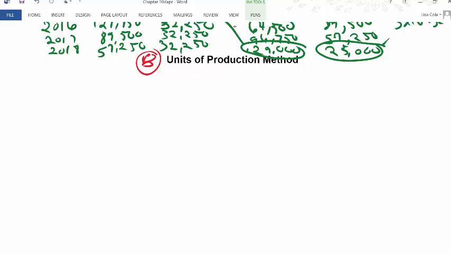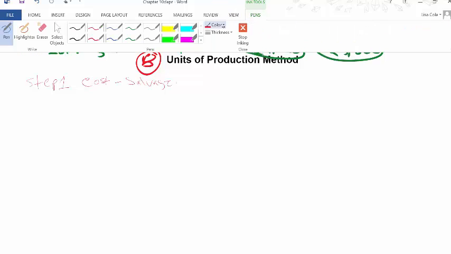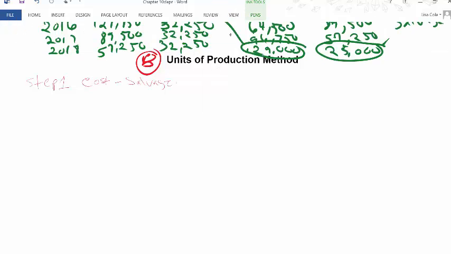We start out, there's 2 steps we want to look at. You're going to still take your cost minus your salvage value. So that is still the same.